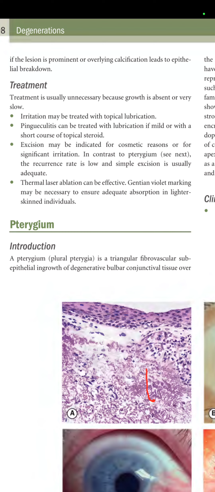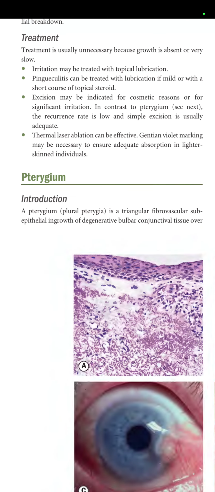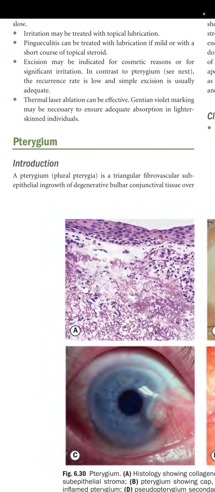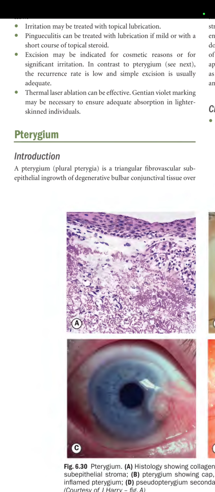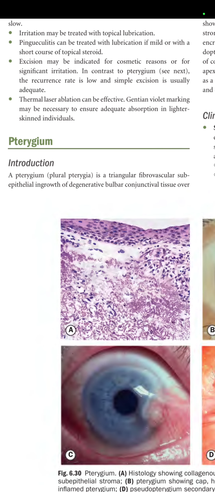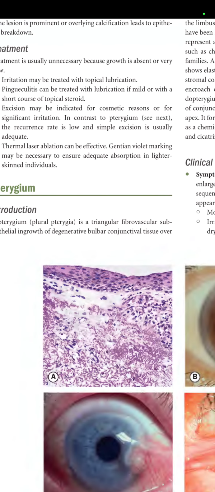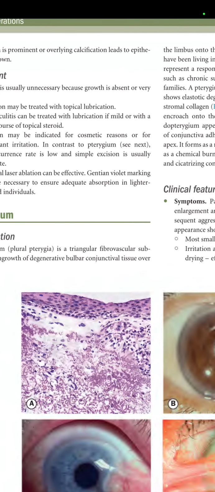So next is the pterygium. Pterygium introduction. A pterygium, plural pterygia, is a triangular fibrovascular subepithelial ingrowth of degenerative bulbar conjunctival tissue over the limbus onto the cornea.